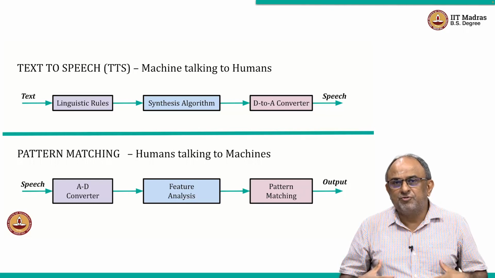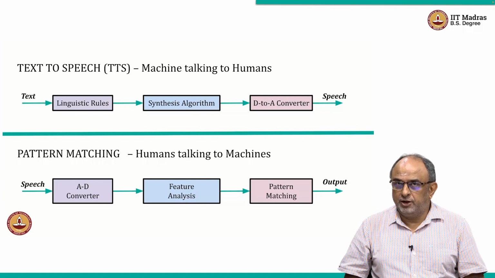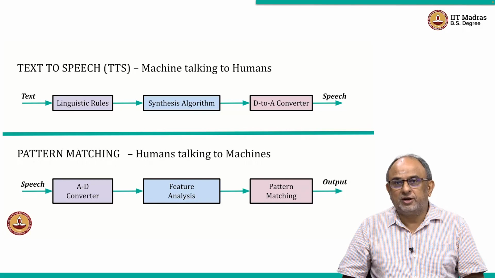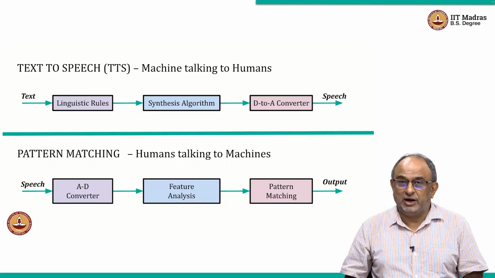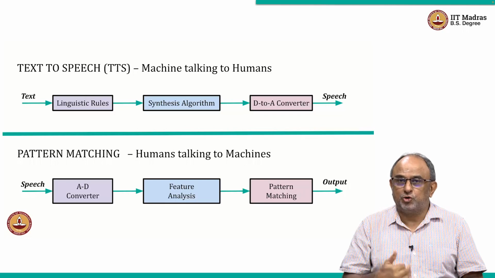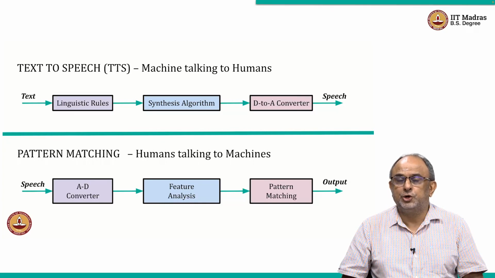So whatever information that the computer generates or wants to communicate back to the user, you want it not as something that appears on the screen. You would like a hands-free kind of thing. You would like the computer to talk back to you, right? And so that is called text to speech. So if I have a text formulated, then can I synthesize it in a natural human voice? Okay, that's one of the big goals.